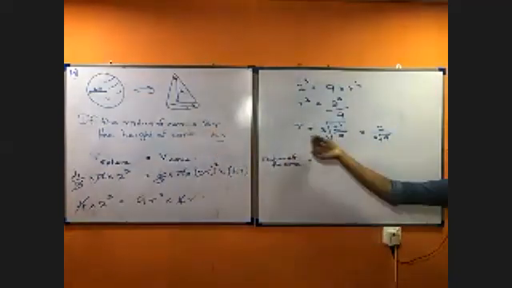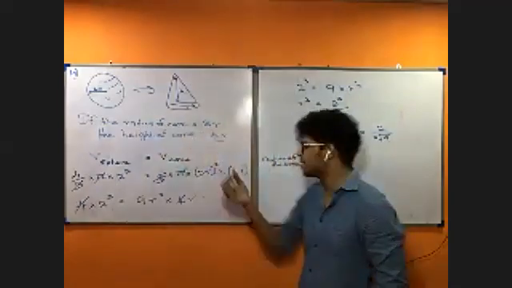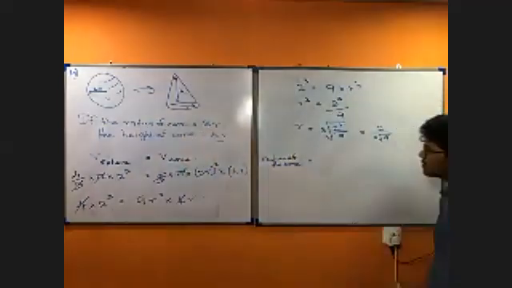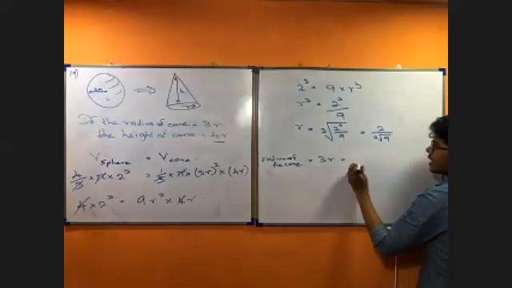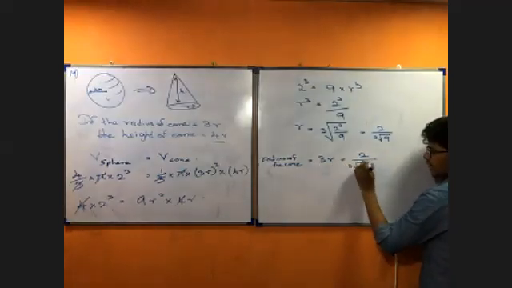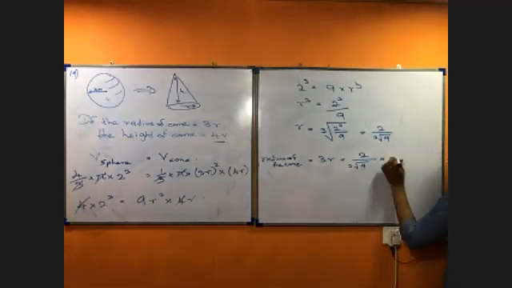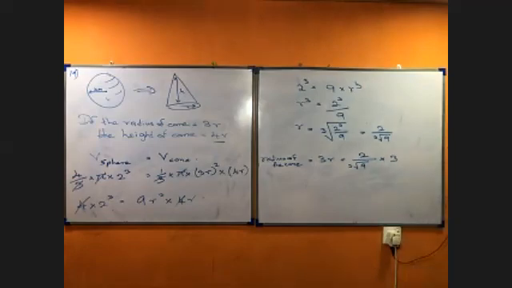But r is not the radius of my cone; the radius of the cone is 3r. So you need to find 3r. So what is 3r? 3r is going to be 2 over third root of 9 multiplied by 3.